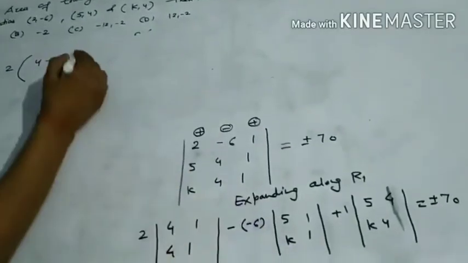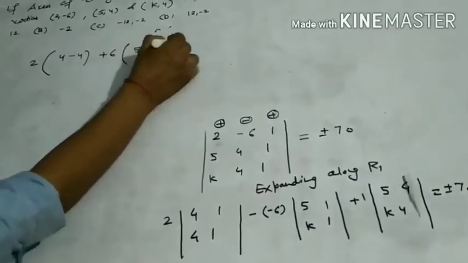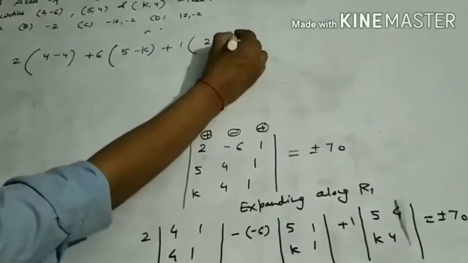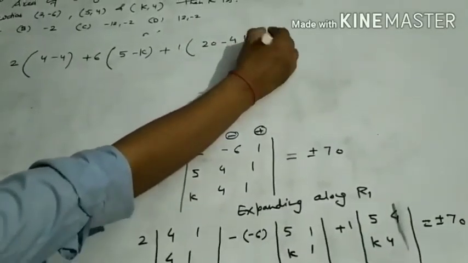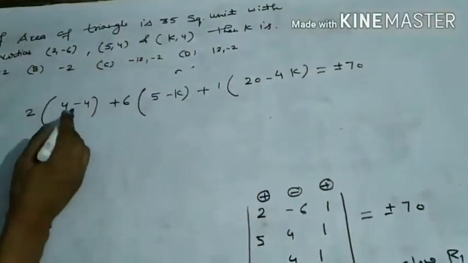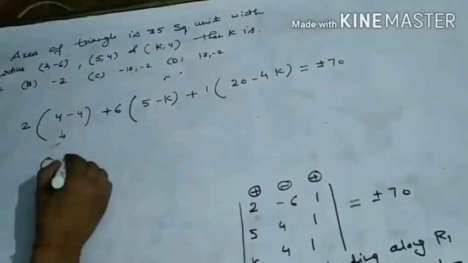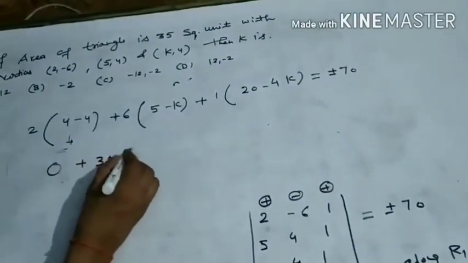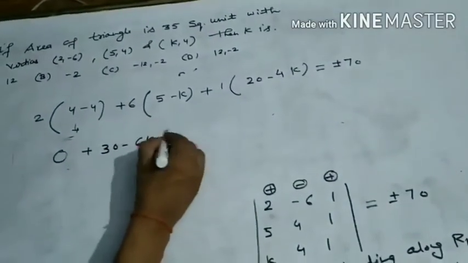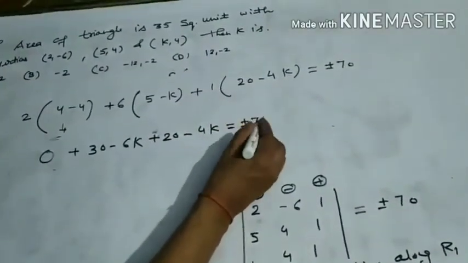Then minus times -6 means plus 6, times (5 minus k), and then 1 times (20 minus 4k). This is equal to plus or minus 70. The first term becomes 0, since 4 minus 4 is 0, and here we have 30 minus 6k plus 20 minus 4k, equal to plus or minus 70.